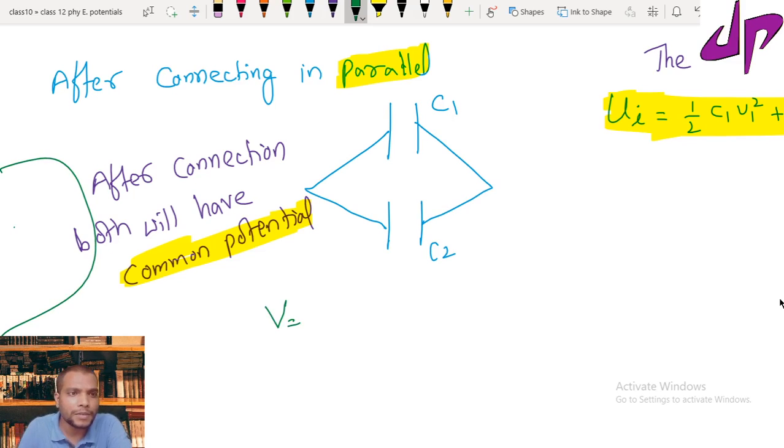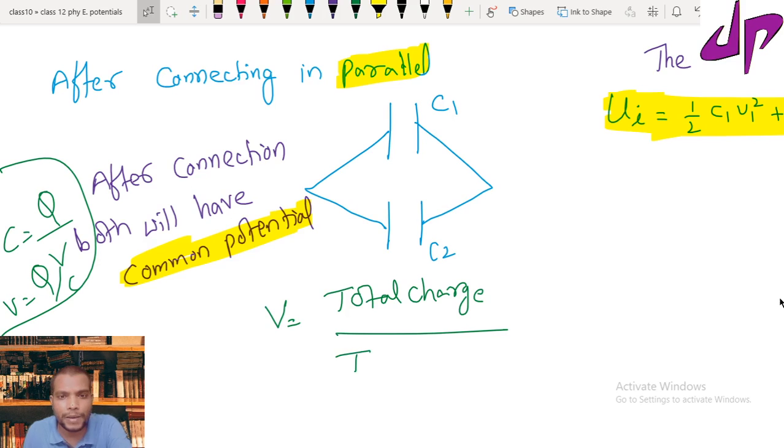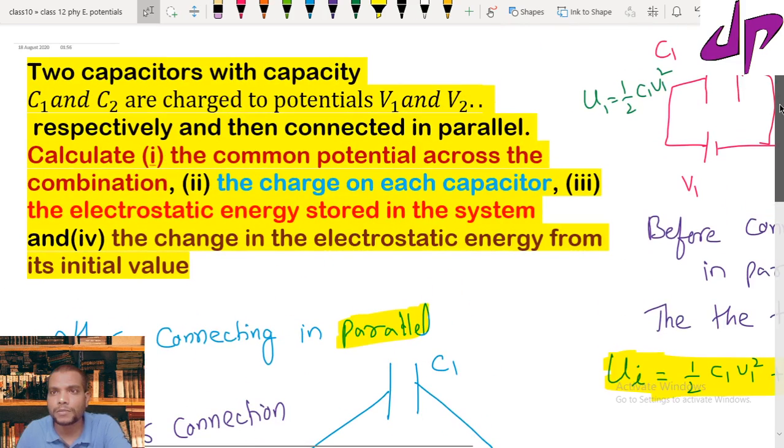I have the capacitance formula C equal to Q upon V. Similarly, V equal to Q upon C. So when they are connected in parallel, that Q becomes the total charge upon the total capacitance.